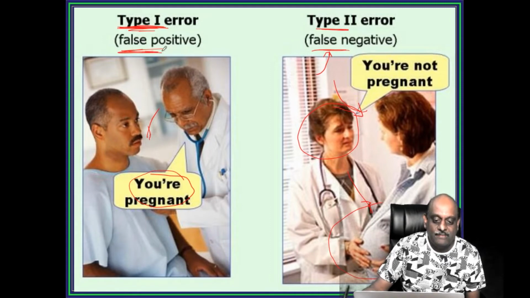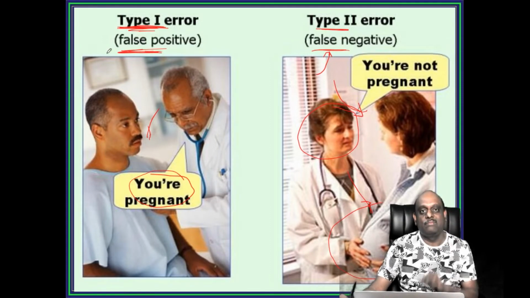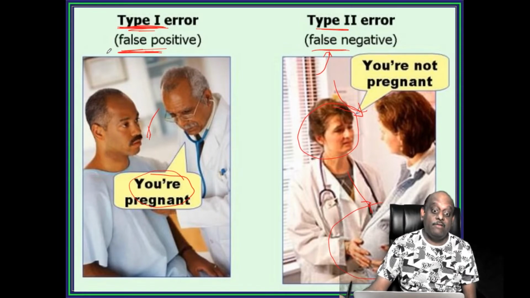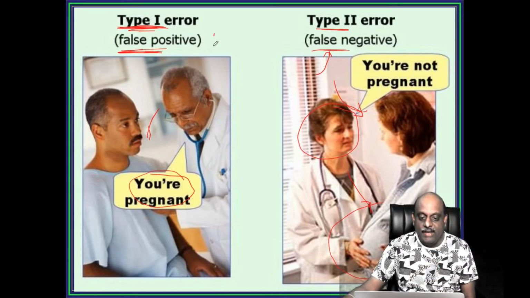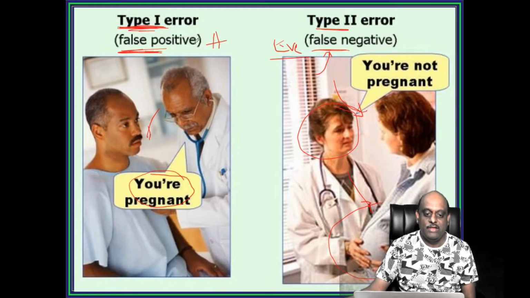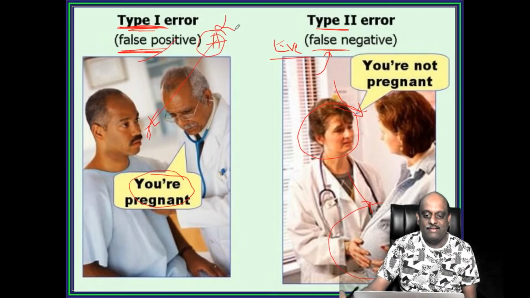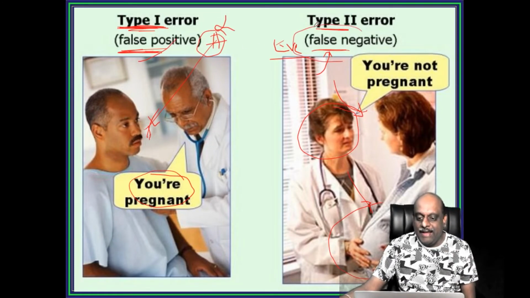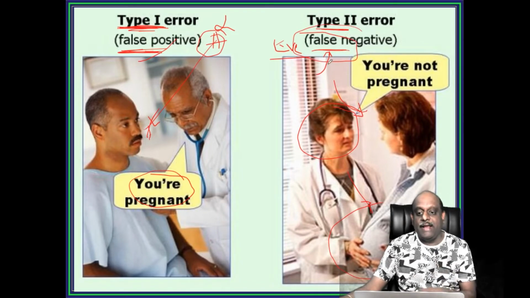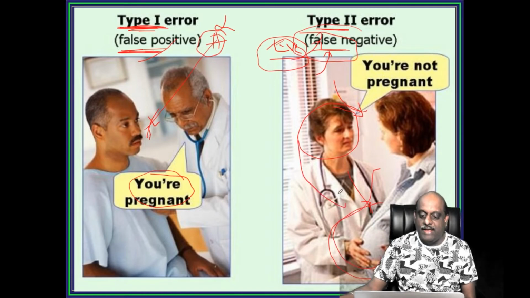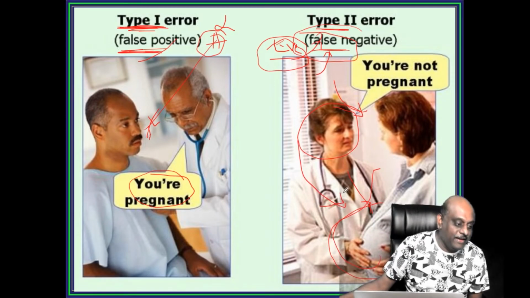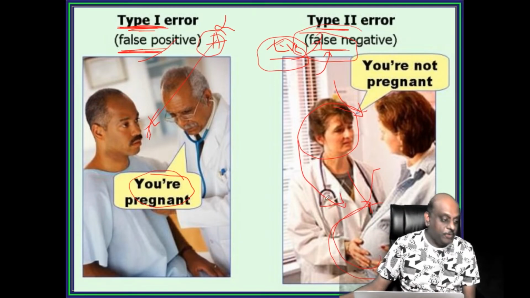Type 1 error is false positive. Another way for you to remember this is Adam and Eve. So what is Adam? You are calling him pregnant. False positive. Alpha error. Adam. And what is this one? False negative. Negative is Eve. Type 2 error. Though she is pregnant, you are denying. That is typically type 2 error.